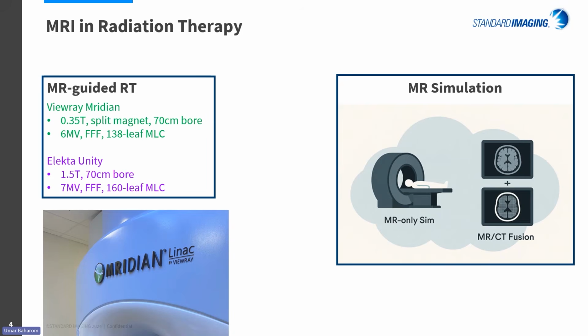The next one is the Elekta Unity at 1.5 Tesla. The other use is MR simulation, where traditionally it is MR-CT fusion, but more and more now you'll see MR-only sim, converting that into a synthetic CT for planning.